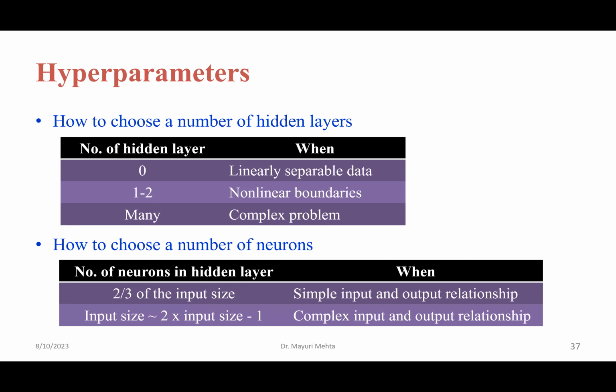So the number of neurons per hidden layer behaves similar to the number of layers. The number of neurons increases with the complexity of the data. The number of neurons in a neural network can vary with the chosen architecture.